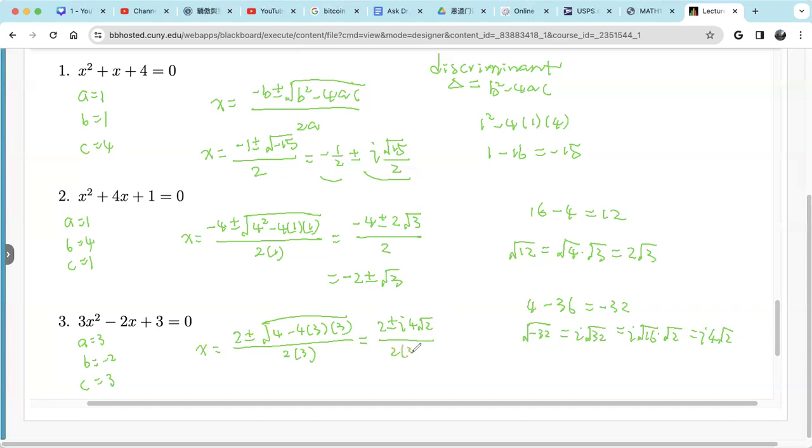Let's simplify it. 2 divided by 6 gives 1/3, plus or minus i, 4 divided by 6 is 2 radical 2 over 3. So we get 1/3 plus i 2 radical 2 over 3, and 1/3 minus i 2 radical 2 over 3.